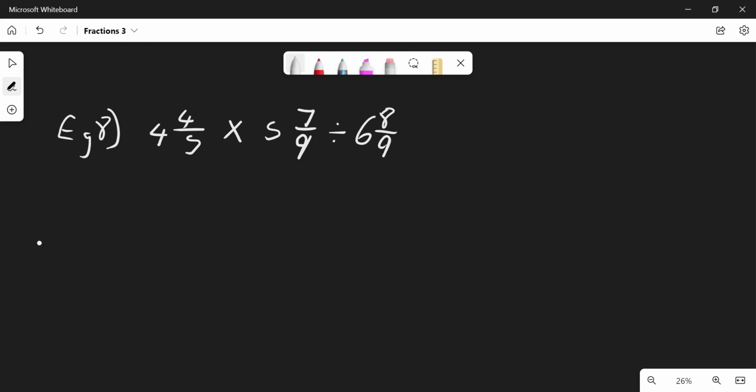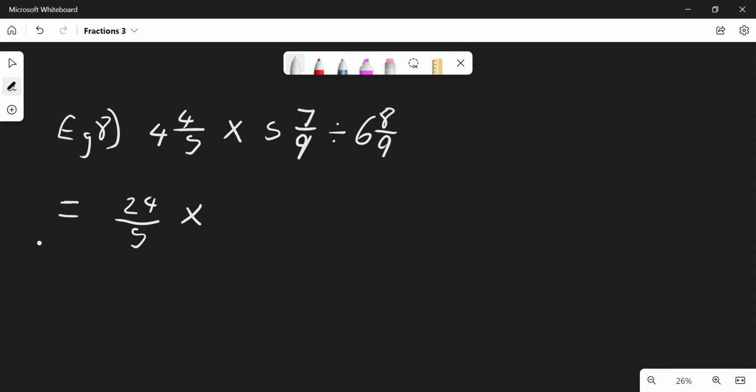So in this situation, this is once again going back to primary school. This is why they did all of that work on BODMAS with you guys, so that you understand your order of operations. You can't be daunted by situations like this. Your first step is always to simplify your fractions. I've got mixed numbers here. Let's convert them to improper fractions. 4 times 5 is 20, plus 4, we're going to have 24 over 5.